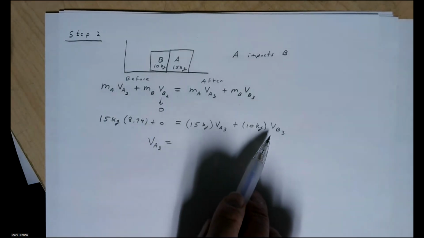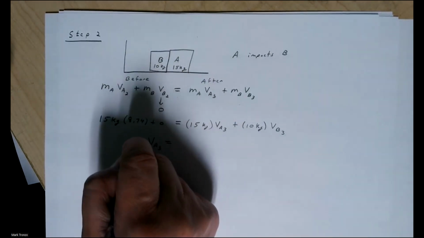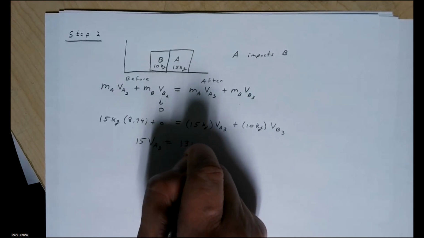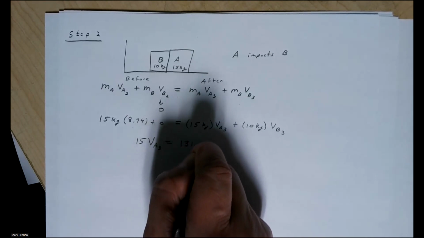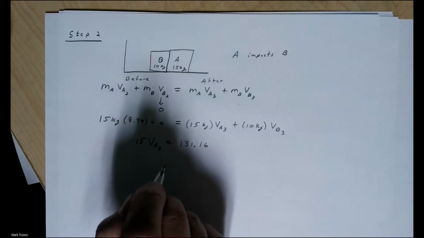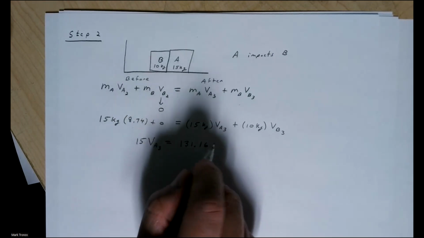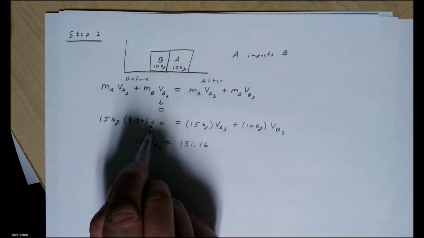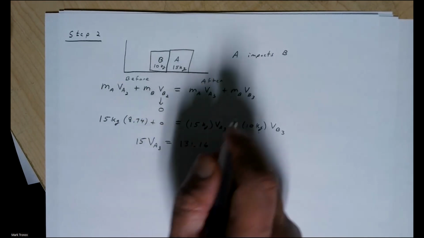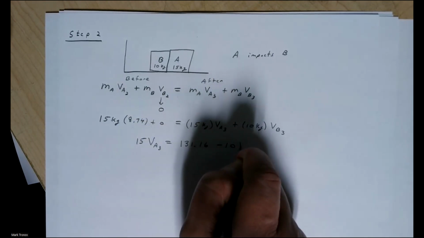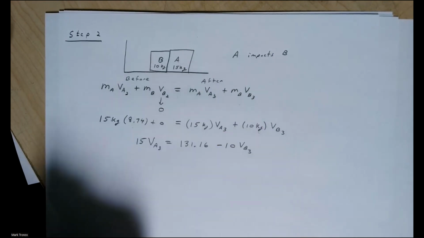So there's still 10 over here, and this is 131. So it's minus 10 VB3, like this.